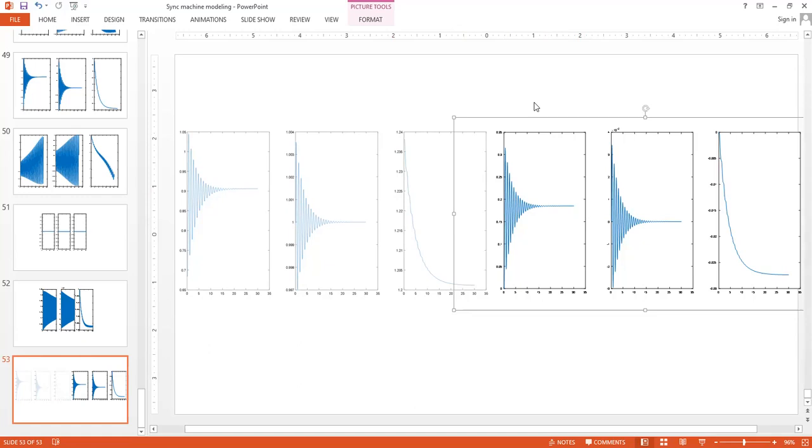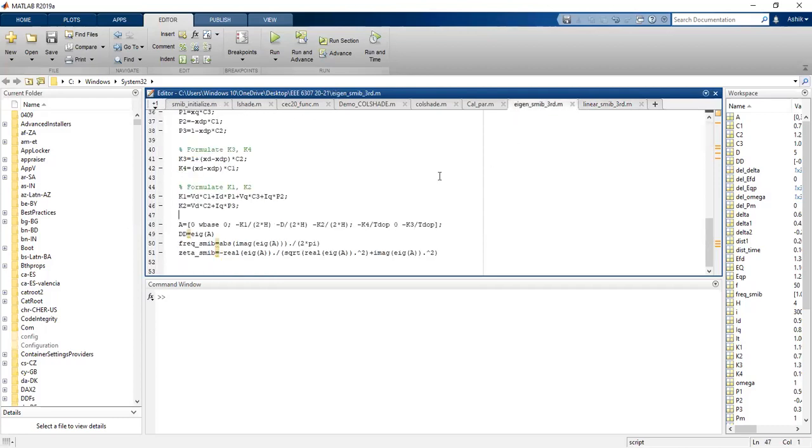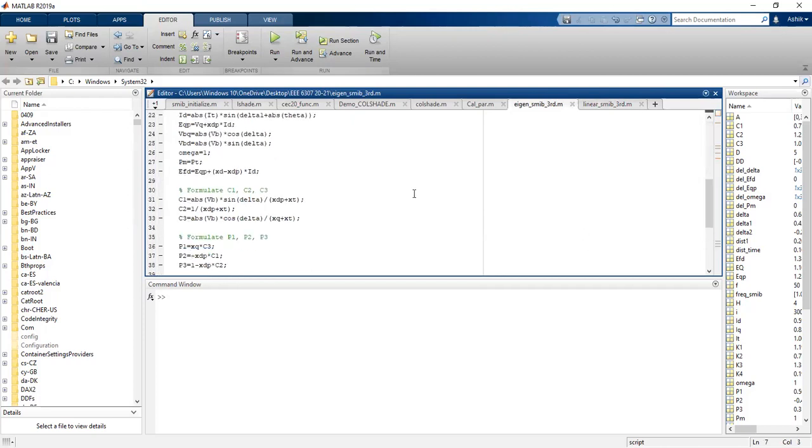And calculate the remaining few things like the damping ratio, the frequency of oscillation, etc. So we have to go to MATLAB and close this. Let's go to the eigenvalue file, eigen SMIB third, and simply change this to 5.